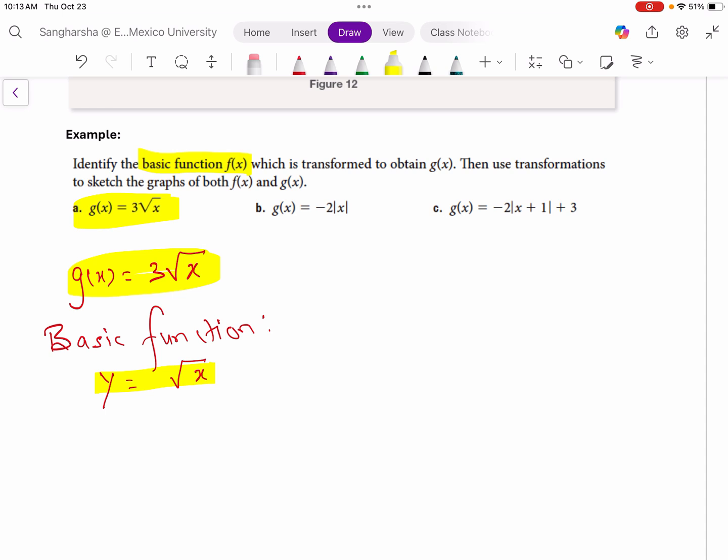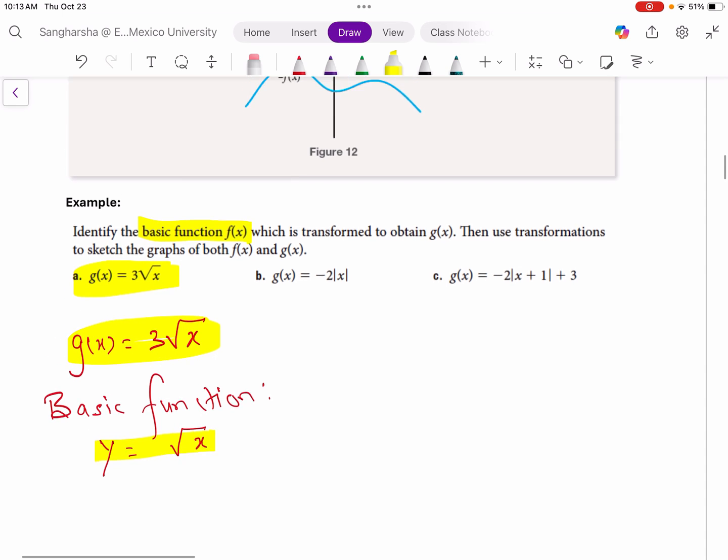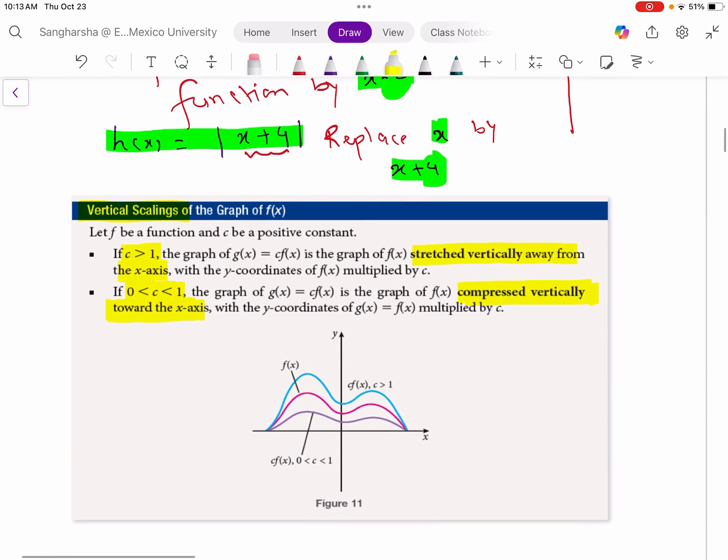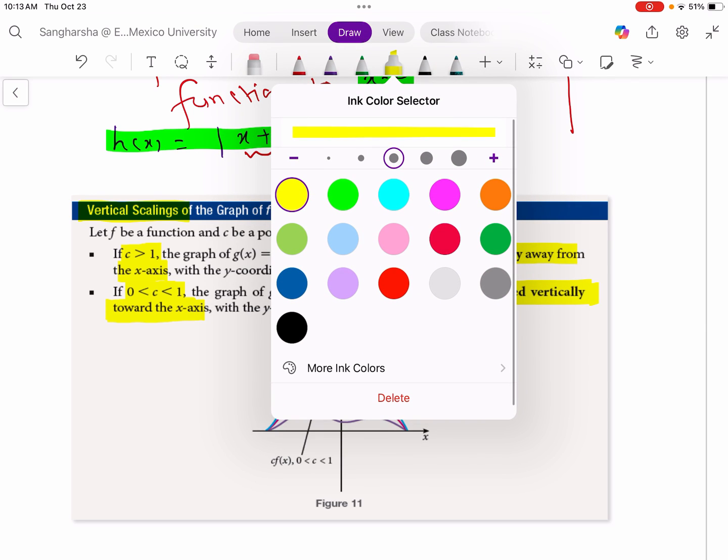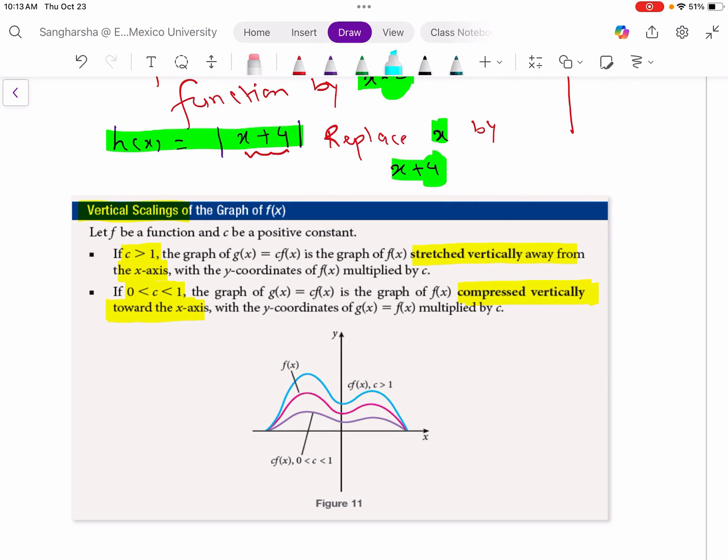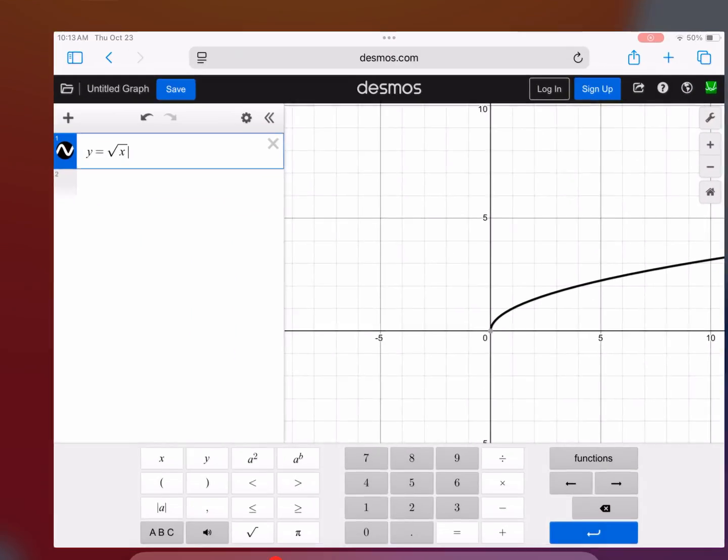Now what does it mean by multiplying by 3? Whenever we multiply our function by a number greater than 1, and here we use 3, it means our graph is stretched vertically away from the x-axis. The graph gets stretched.